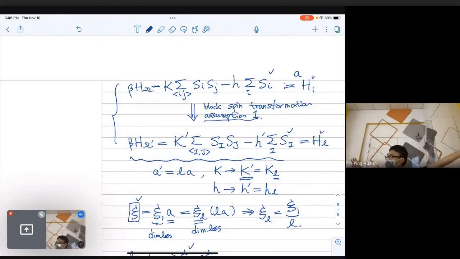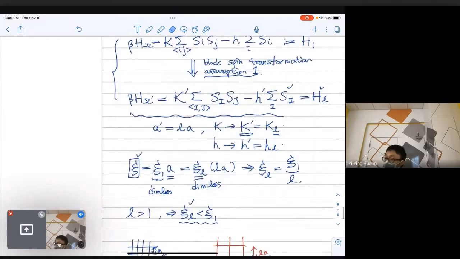The only difference is that the lattice spacing, one is A and the other is LA. Okay, and of course you have some couplings. Initial coupling is K and H, but after you do the coarse-graining, you have something like KL and HL. So in principle, you can solve the correlation length as a function of KL and HL.